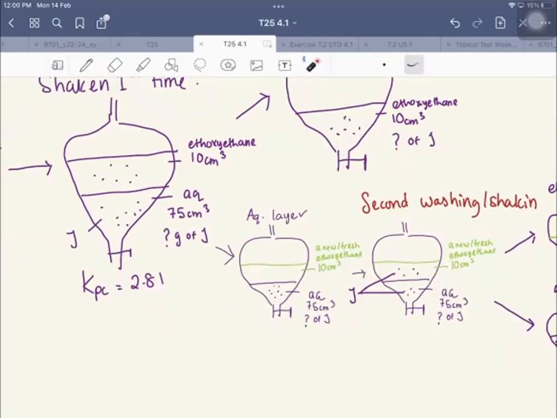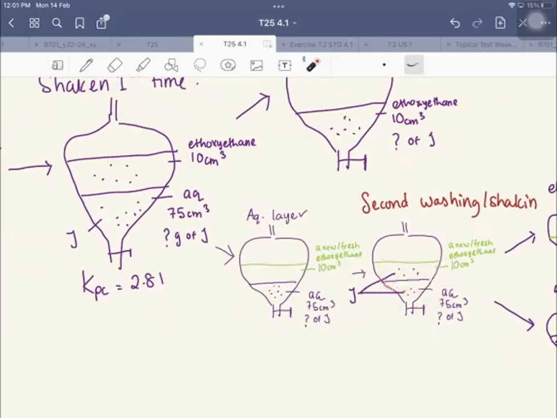Then of course we mix them. After mixing it for the second time, we call this the second washing or the second shaking. You will see that the J solute has been distributed to the green ethoxyethane and also the aqueous layer.